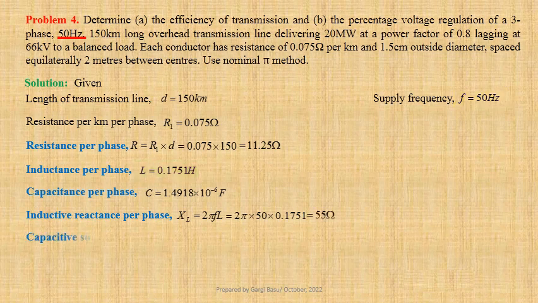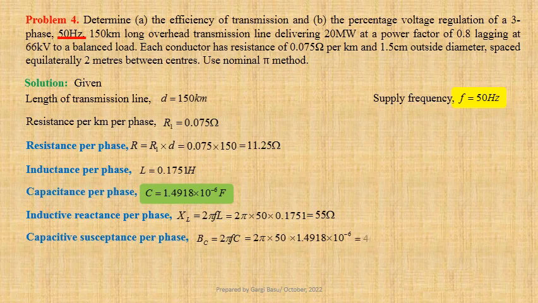And capacitive susceptance per phase BC equals 2 pi F into C. Using values we get 2 pi into 50 into 1.4918 into 10 to the power minus 6, that gives us 468.663 into 10 to the power minus 6 mho.